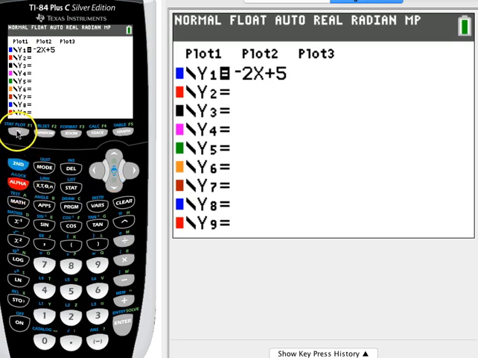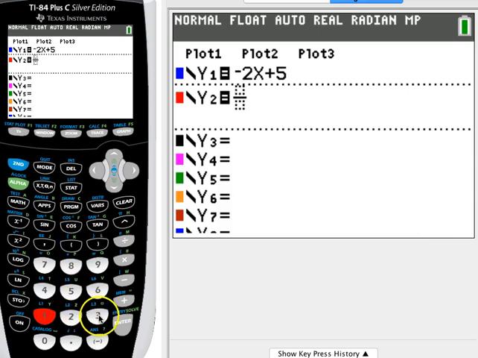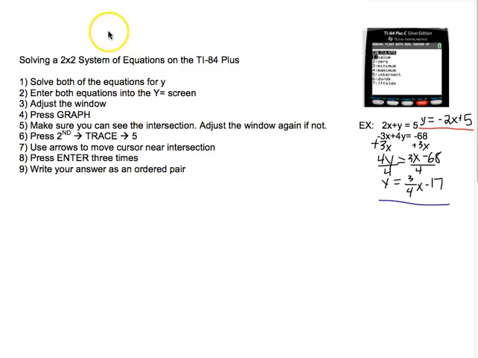I'm going to use that fraction button, alpha y equals choice 1. So 3 in the numerator, 4 in the denominator, x, and then we have minus 17. Okay, so I have now entered both equations in my y equals screen.